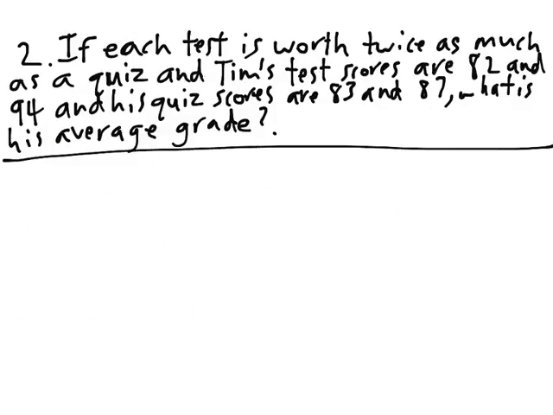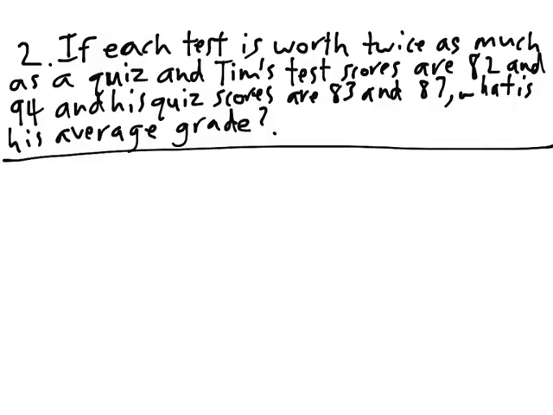Problem 2. If each test is worth twice as much as a quiz, and Tim's test scores are 82 and 94, and his quiz scores are 83 and 87, what is his average grade? Since tests are twice as much as quizzes, let's assign each test score a weight of 2 and each quiz score a weight of 1.